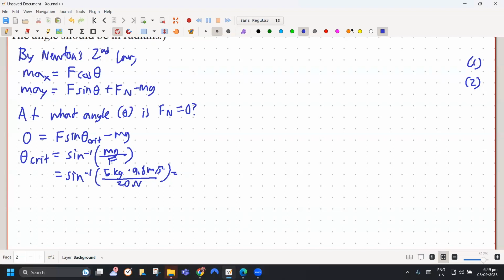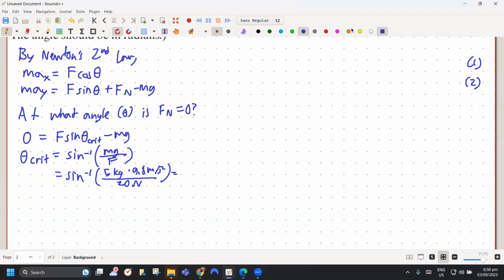Five times 9.8 is greater than... Kaya, ano ba yung mg? 5 times 10. Okay, 5 times 9.8 is 49. Okay, so mg, so we know mg is greater than F.